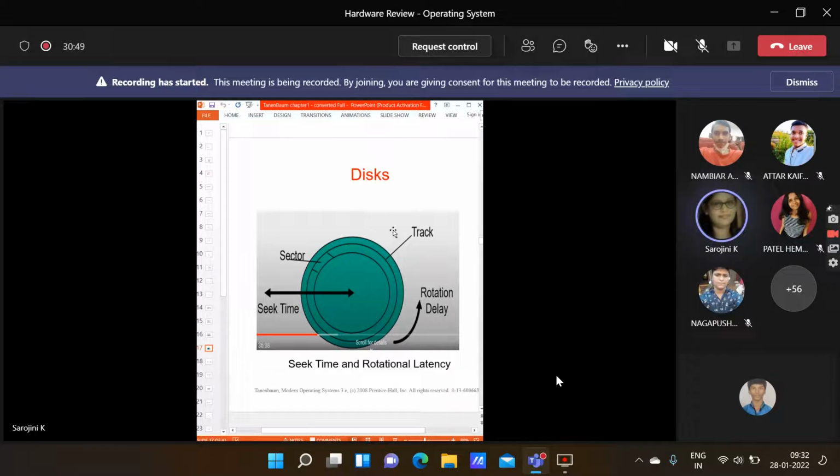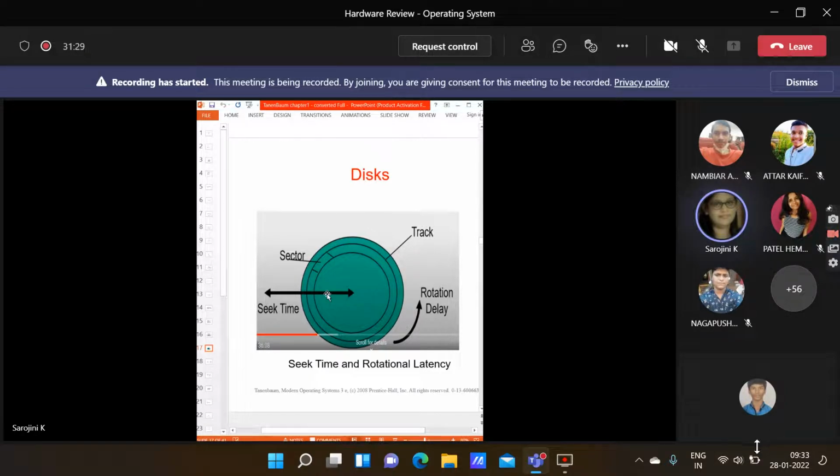Remember, positioning the read-write head in an appropriate track is called seek time. So what is seek time? Currently the read-write head is in some position. Why is it in some other position? Because the previous read or write would have happened at track number 18. That's why currently the read-write head is at track number 18. But in the next request you have to go to track number 10.